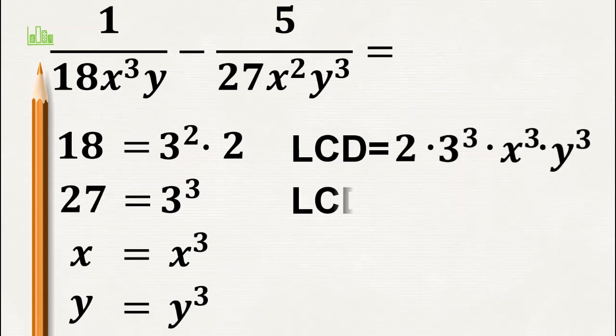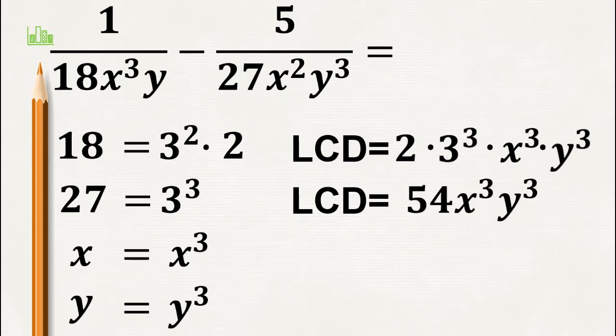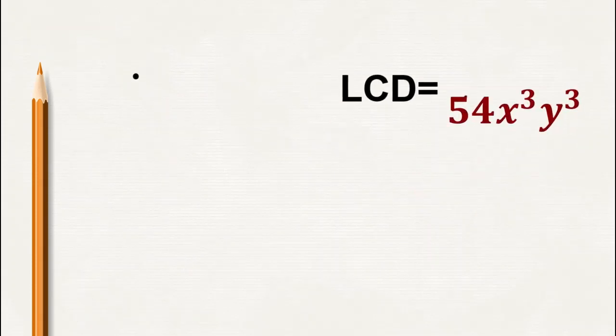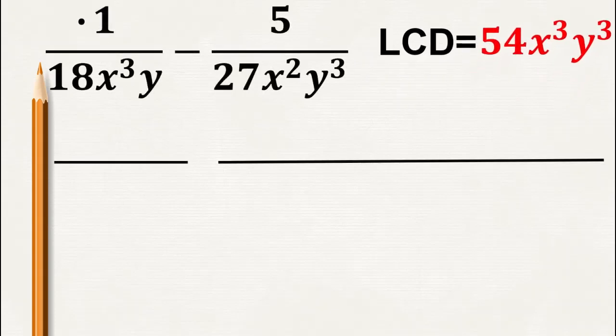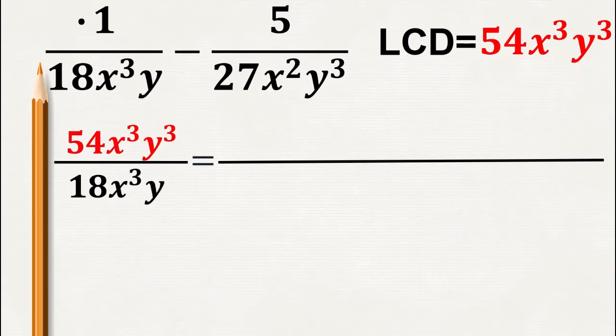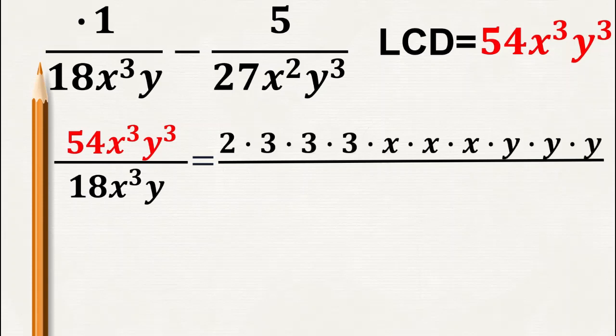Multiply those factors. So, we have 2 times 3 cubed times x cubed times y cubed, which will give us 54x cubed y cubed. Take note of our LCD. So we will divide our LCD by our first denominator. So the prime factors of our LCD and the prime factors of our first denominator.